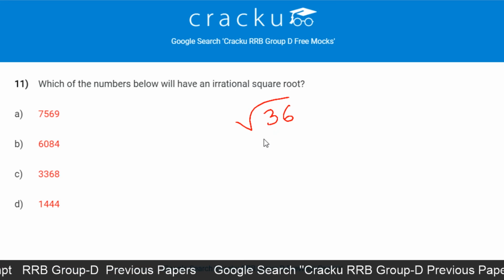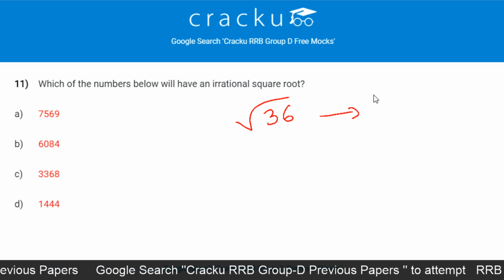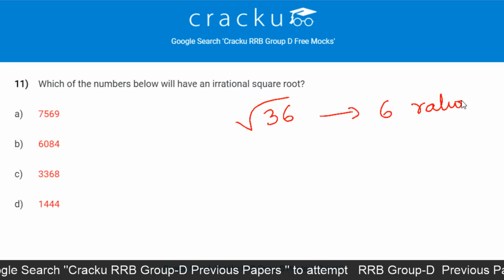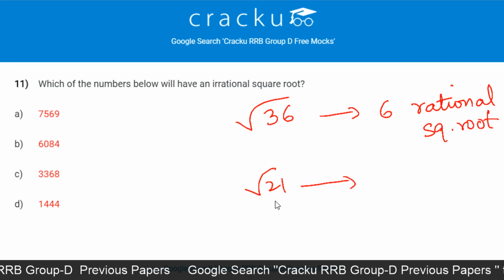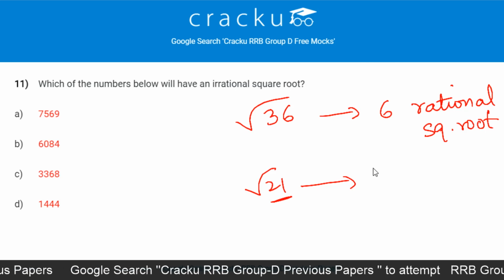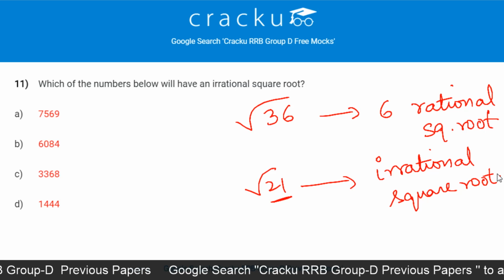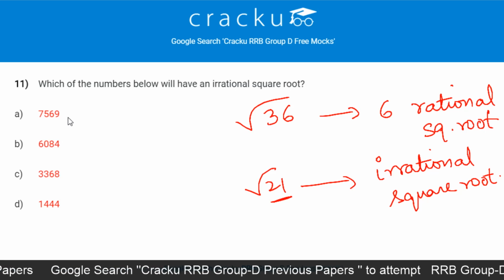Is this a rational square root or an irrational square root? It's a rational square root because root over 36 is 6. Similarly, what about root over 21? As 21 is not a perfect square, root over 21 is an irrational square root. So among these options, you have to find the number which is not a proper perfect square.